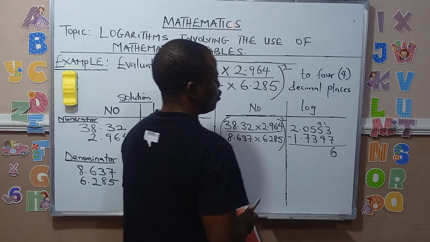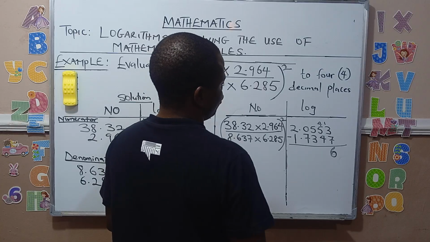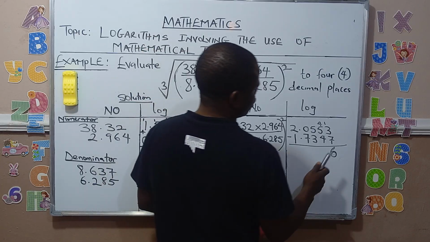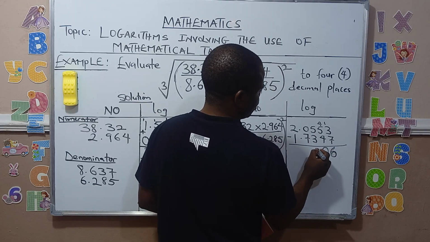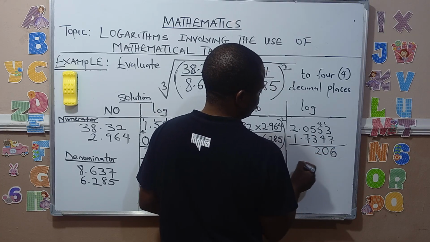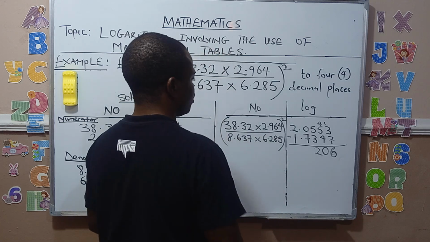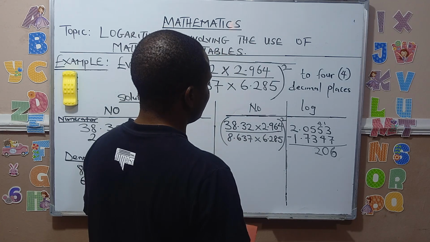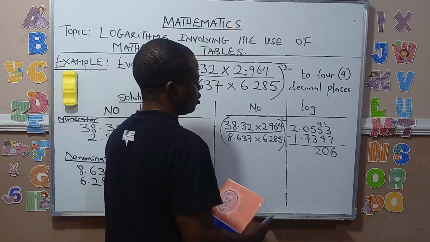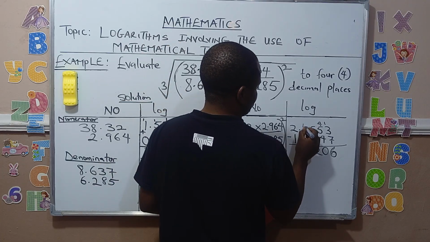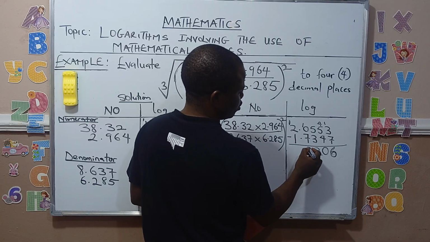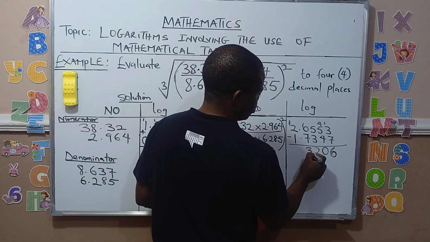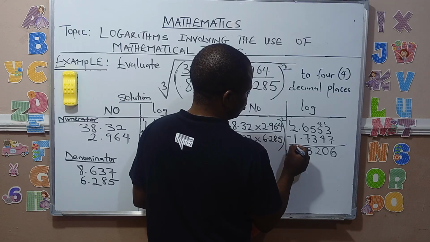So you borrow 1 from 5. 4 minus 4, you're having 0. 5 minus 3, you're having 2. 0 minus 7, impossible. You borrow 1 from 2 to 0. You're having 10. You're left with 1. 10 minus 7, that is 3. 1 minus 1, that is 0.